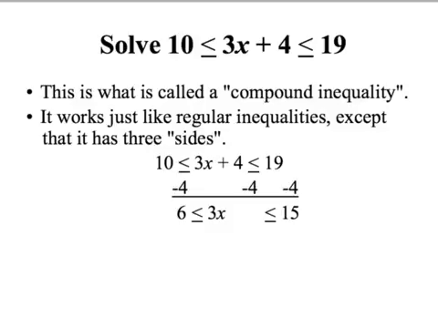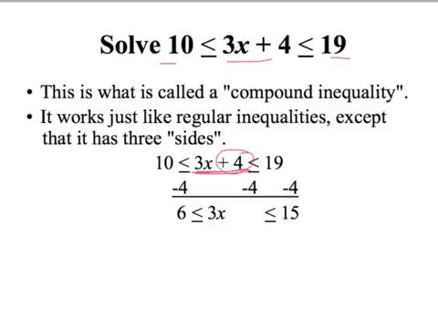The example here is what's called a compound inequality. It's compound because there are 3 parts to the inequality that need to be solved. So you're going to treat this just like you would an equation where there would be 2 sides, except now you've got 3. I'm going to focus on the center part because I want to get x by itself. The first thing to do is to get rid of the plus 4.